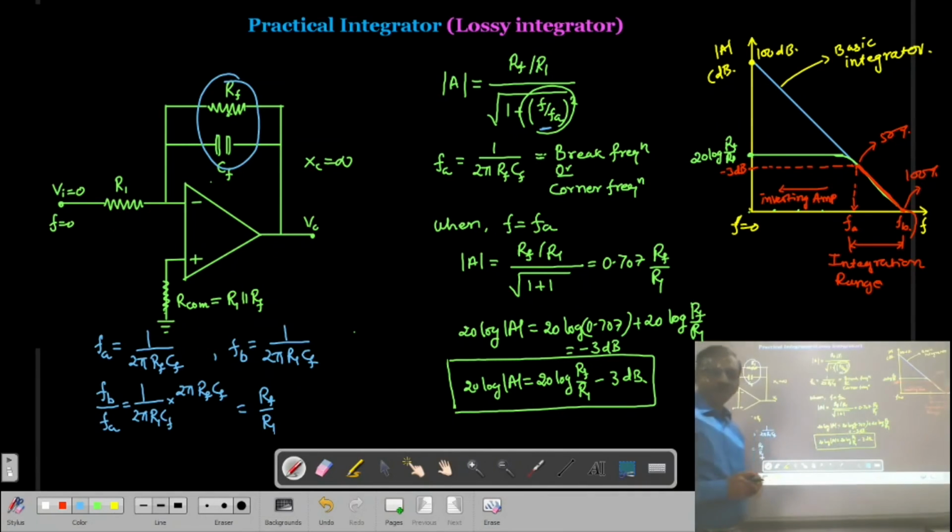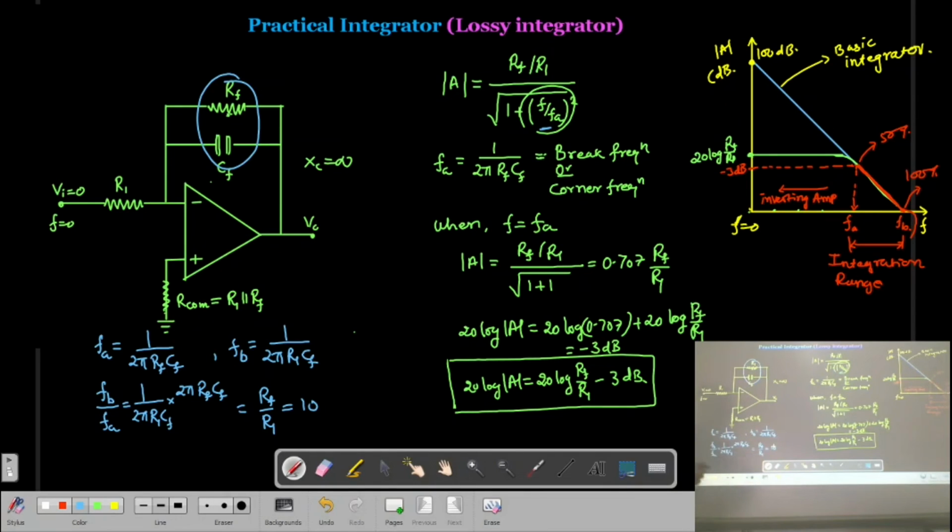Normally this gain of the amplifier, we take as 10. You can also have 15, 20, but in a practical integrated circuit, the normal value is 10.